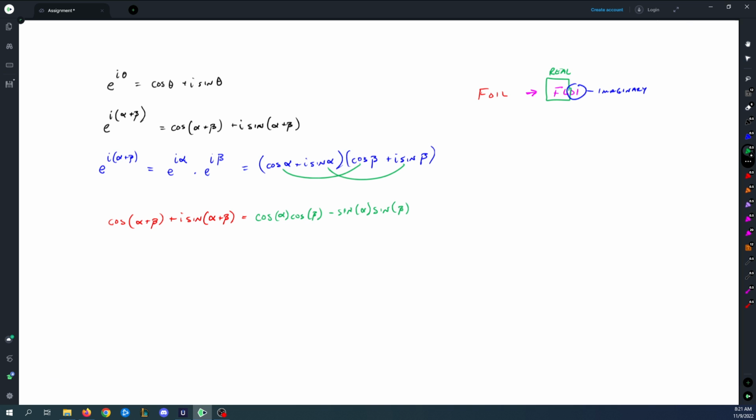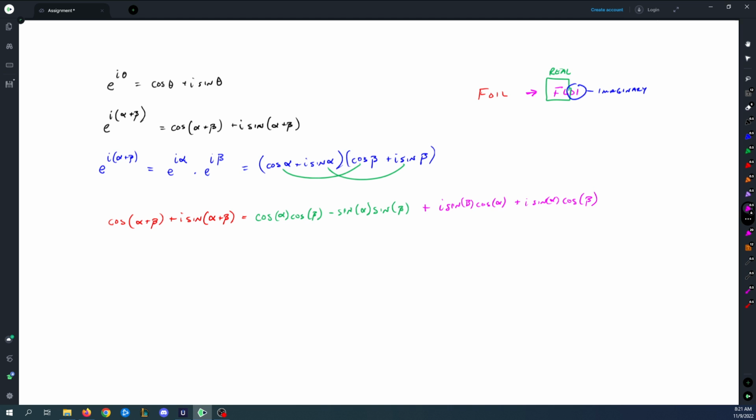So already we've got the reals, so we've got a sum formula for cosine. And then on the back end of that, we're going to have plus. And now our inside and outside, so this is going to be our i sine beta cosine alpha plus i sine alpha cosine beta.